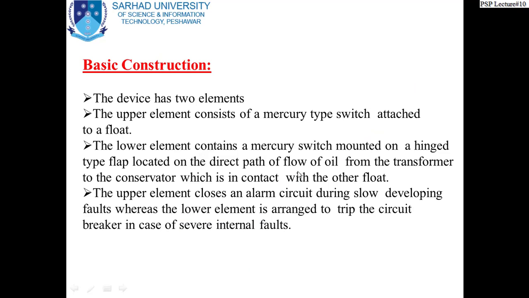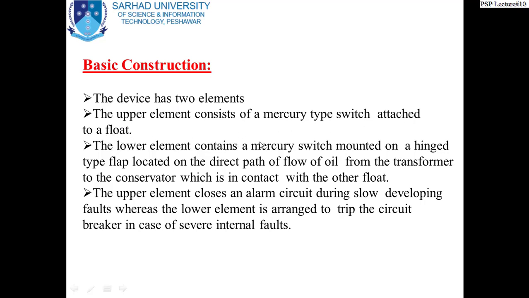Basic construction. This device has two elements. I will write this, then explain with the help of that particular diagram. The upper element consists of a mercury type switch attached to a float.